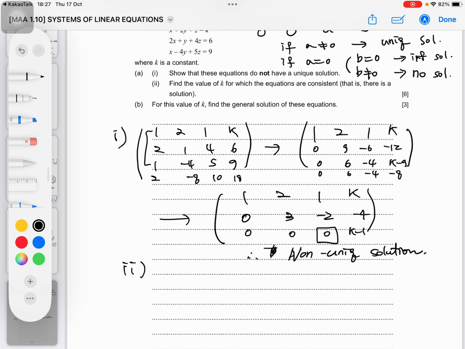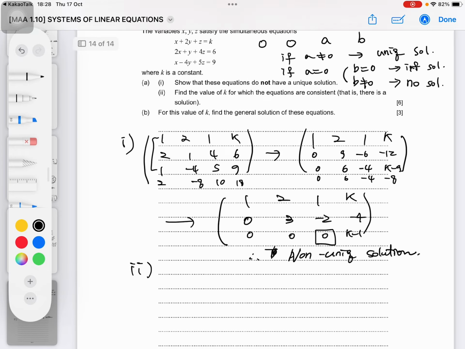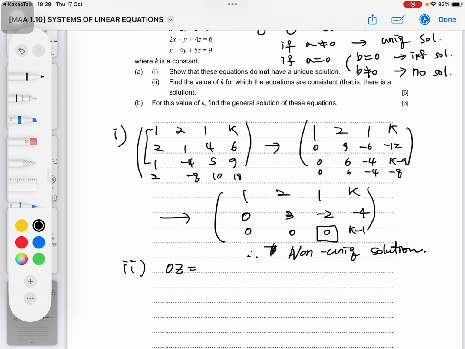Whatever has any solution, we call it consistent. At this moment, we already know we don't have a unique solution, so we need to go for infinite solutions, which means 0z becomes k minus 1. So k should be 1 to make it 0z equals 0. So 1, 2, 1, 1, 0, 3, negative 2, negative 4, 0, 0, 0, 0.